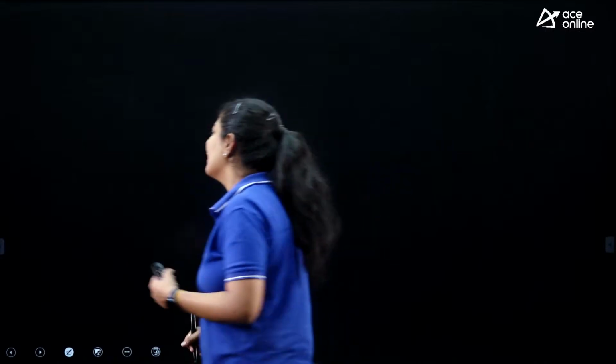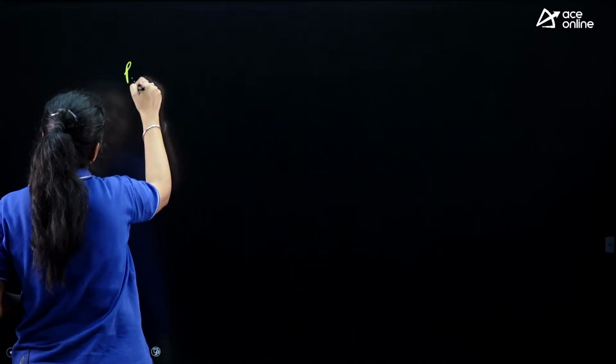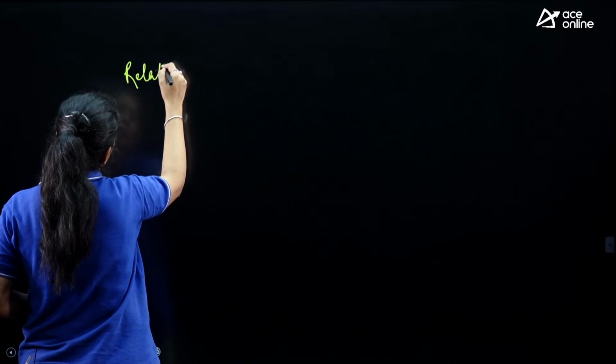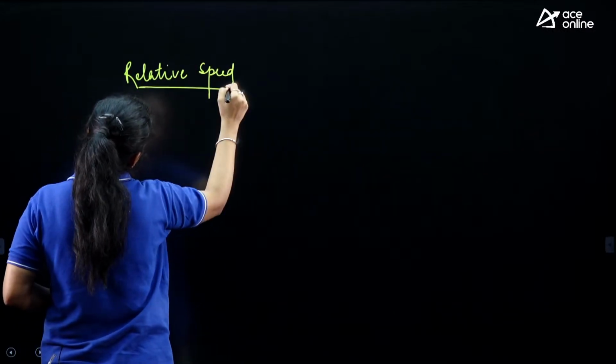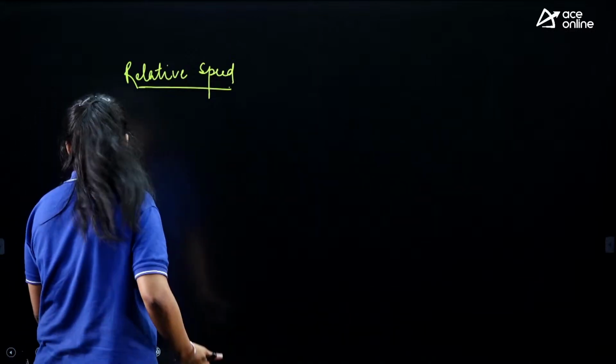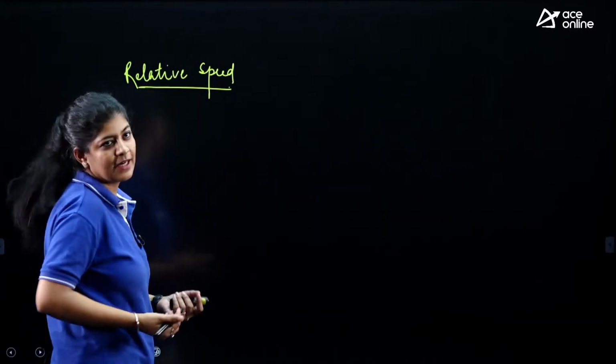I am hoping that everyone is aware of the concept of relative speed. If you are not, then you can listen to this for a few seconds, and after that we will start our session.